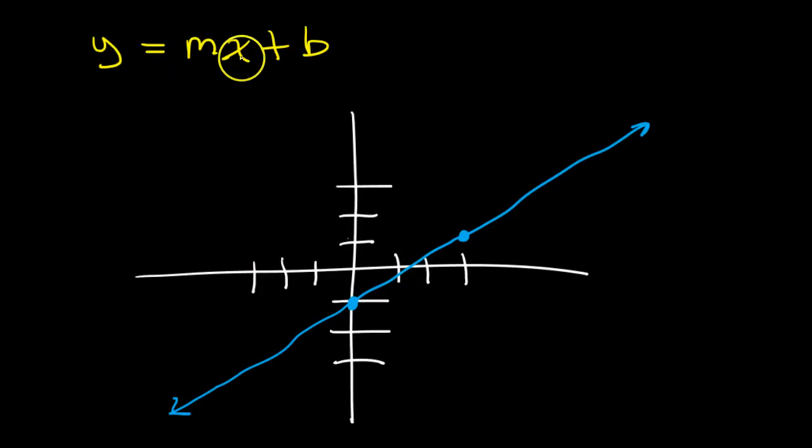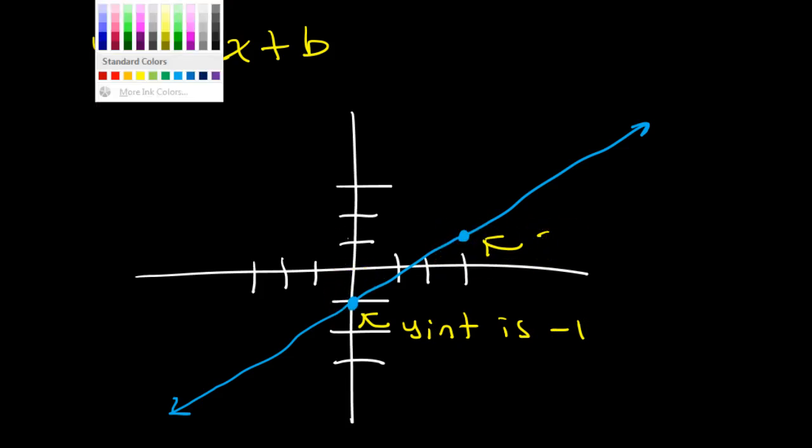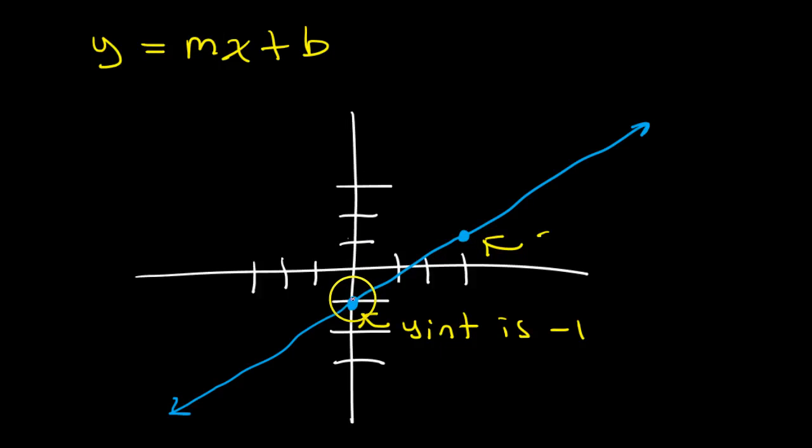So using the y equals mx plus b model, if we had a line like this, we could write the equation because here we know the y-intercept is -1, and the slope, rise over run, is up 2 over 3.